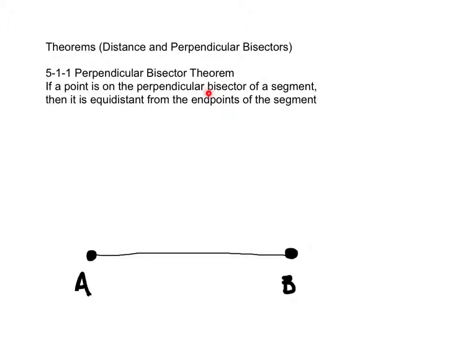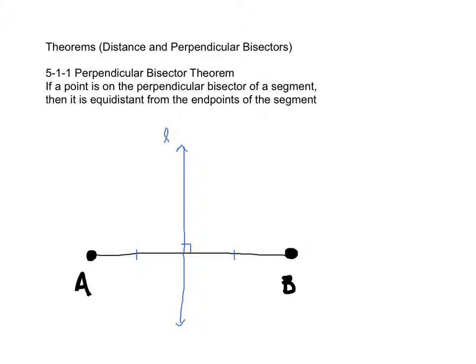Remember, it cuts it exactly in half. Seems to be right about there. Let's continue that down. There's our perpendicular bisector. We can call it anything. Let's call it line L. We need to make sure that it's perpendicular for one, and it's bisecting the segment AB. It's cutting it in half.